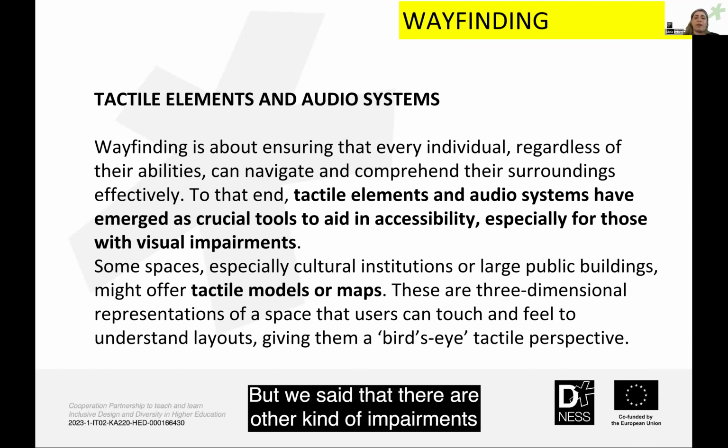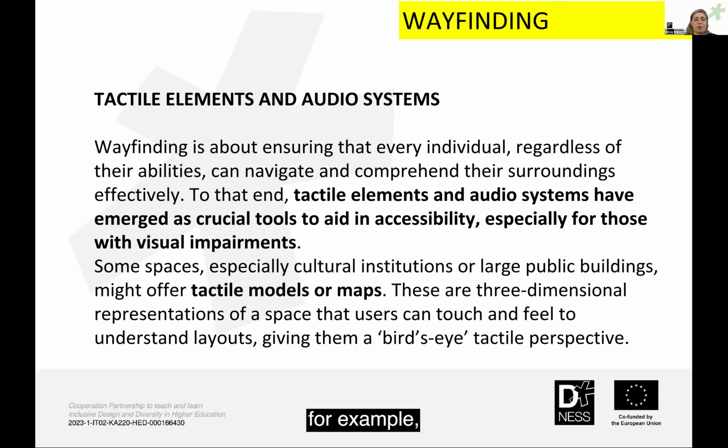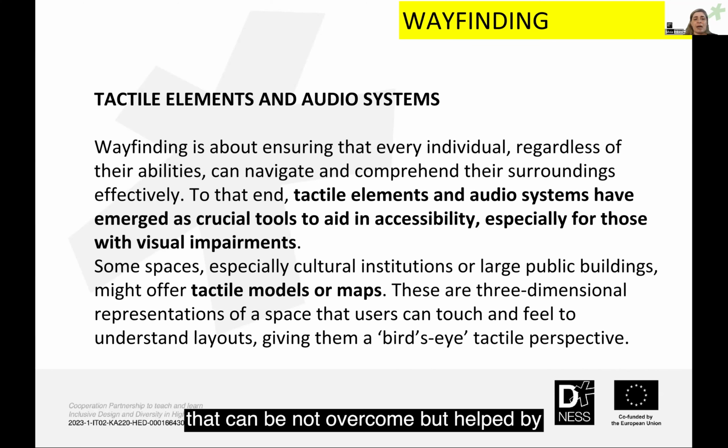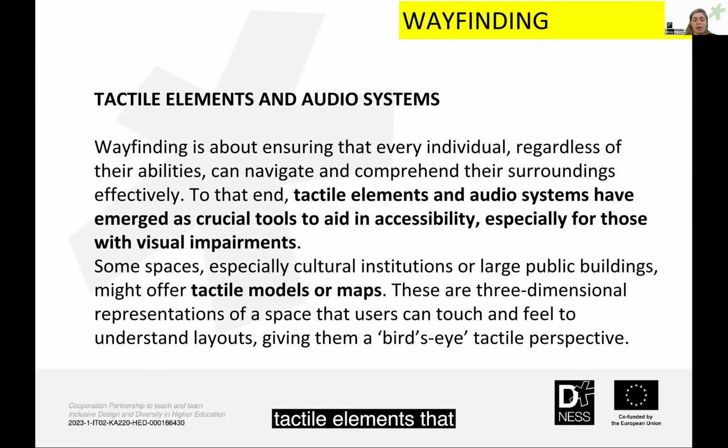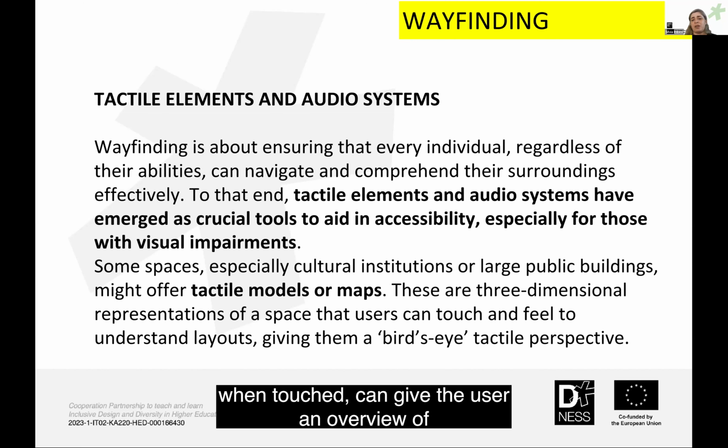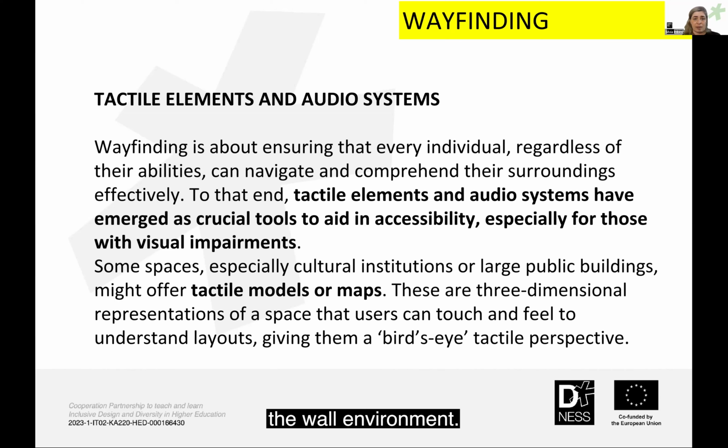But we say that there are other kinds of impairments, for example, the visual ones, that cannot be overcome but helped by tactile elements that, when touched, can give to the user an overview of the whole environment.